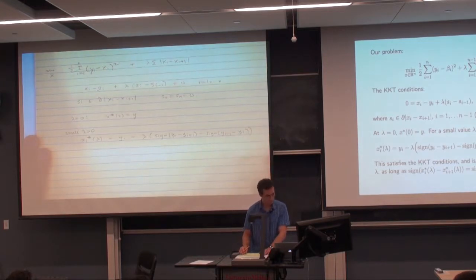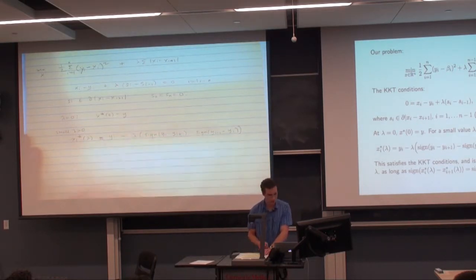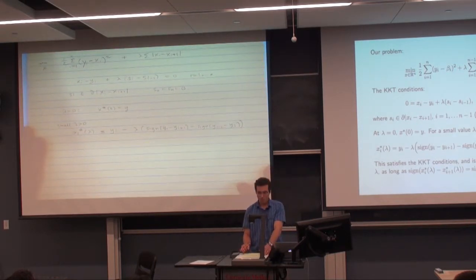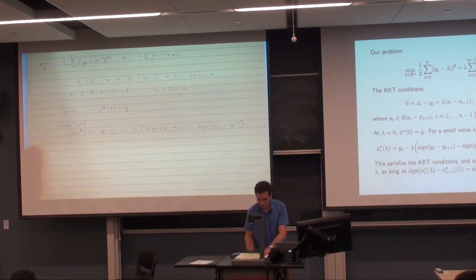Okay, so I've written this down as x star, but at this point, we don't know it's the solution. We're just proposing this as a potential solution for a really small value of lambda. So now the thing is to check that this satisfies the KKT conditions, and if it does, then we know it indeed is a solution at lambda. Okay, so let's plug that in.